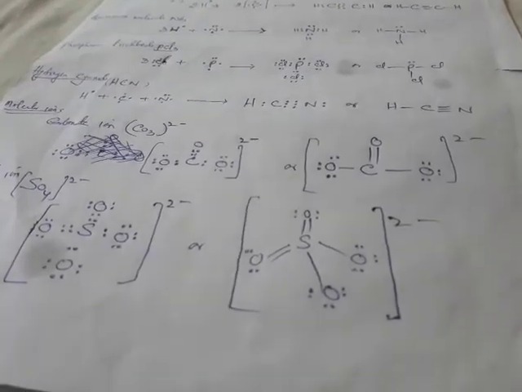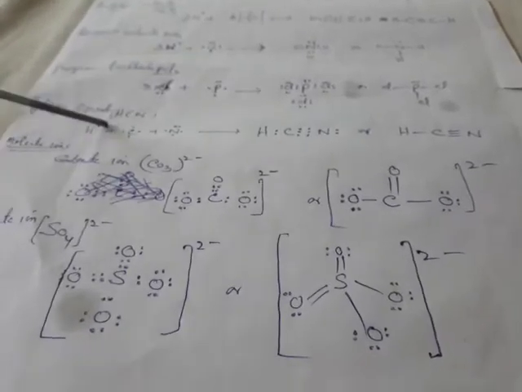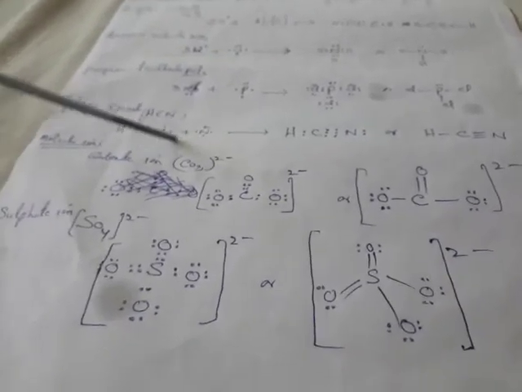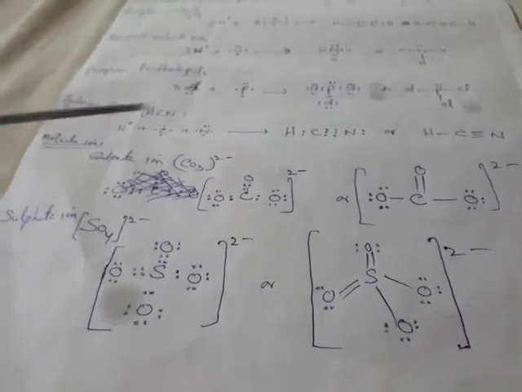Similarly, in the case of hydrogen cyanide, we see that it is a triatomic molecule. All three atoms are different: hydrogen, carbon, and nitrogen. Hydrogen has a single valence electron, carbon has four valence electrons, and nitrogen has five valence electrons.